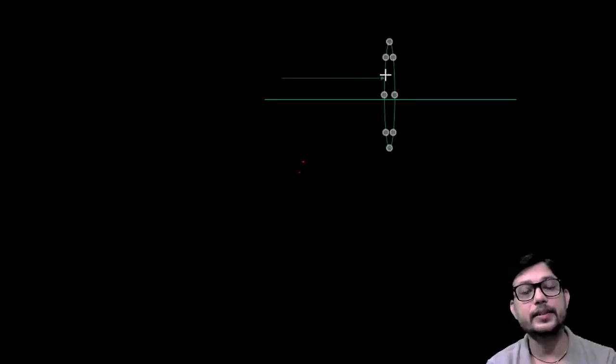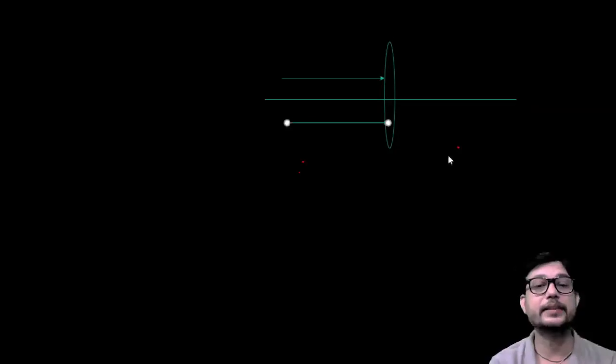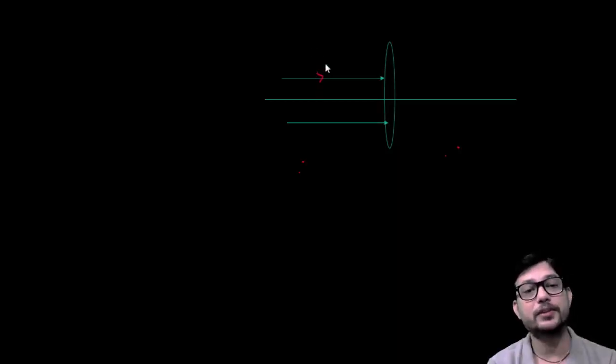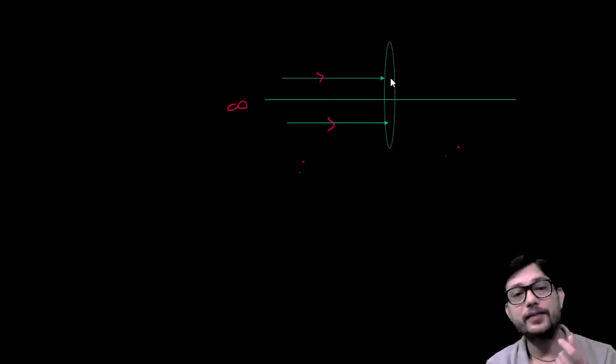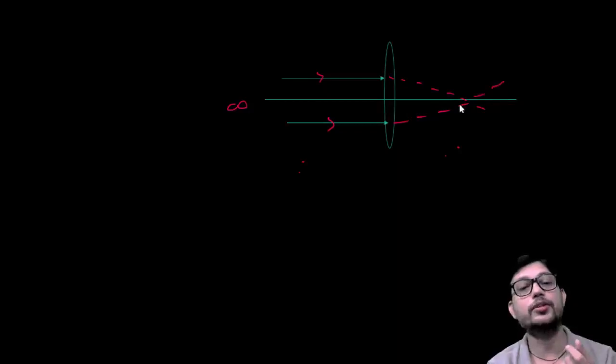This ray is parallel with the principal axis, and this ray is also parallel with the principal axis. It means these two rays are coming from the object which is at infinity, and after refraction these two rays pass through the point of focus of the lens.